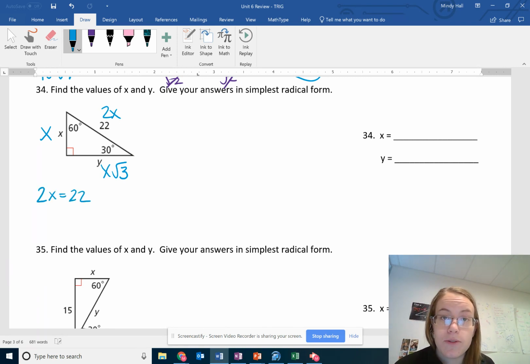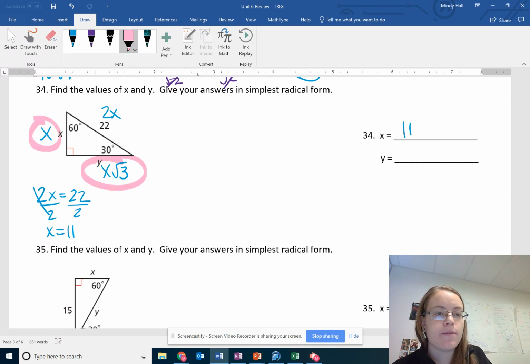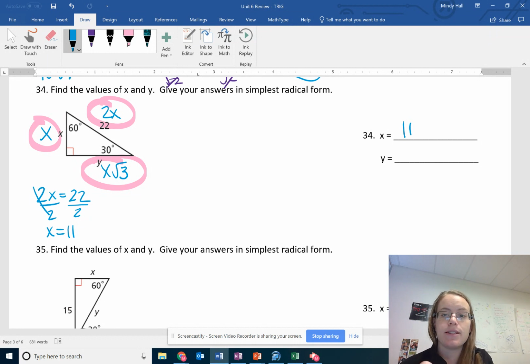So 22 equals 2x. To solve this, we just divide by 2, and x equals 11. Yay! And then to get the y, well, we already have the rule right here. It's whatever the short side is times the square root of 3. So since my short side is 11, that means it's 11 times square root 3, like that.